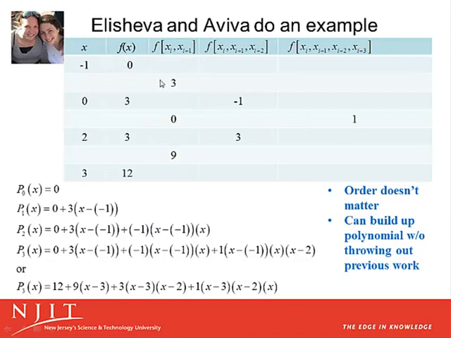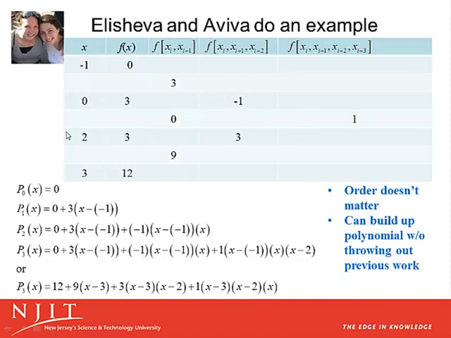If we want the quadratic through the first 3 points, it's just 0 plus 3 times x minus negative 1 plus negative 1 times x minus negative 1 times x minus 0.